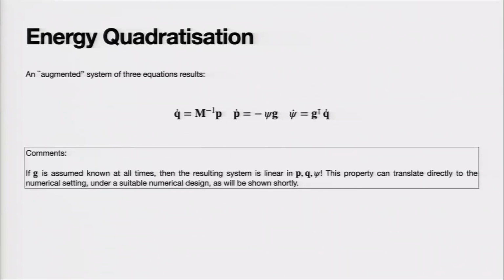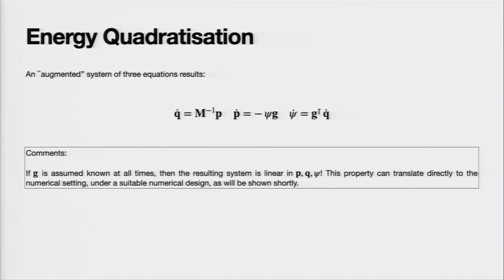But what is the important property of this augmented system? If you assume that G is known at all times, then the resulting system in Q, P, and psi is linear. Okay?